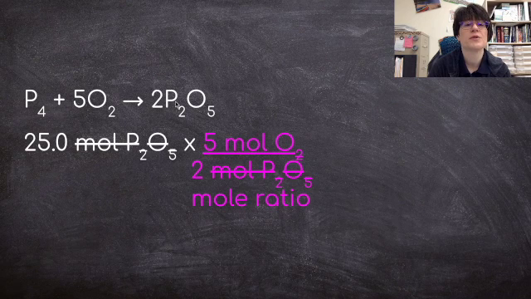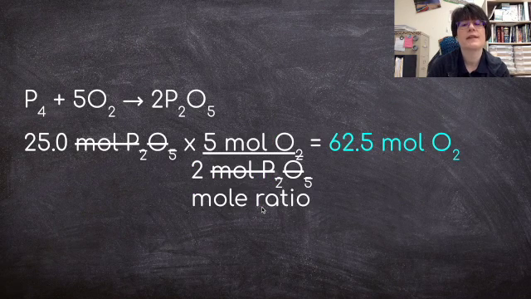So we use this mole ratio. We put phosphorus oxide on the bottom and oxygen on the top, so that the phosphorus oxide cancels out. And we find that 62.5 moles of oxygen are required to produce 25 moles of phosphorus oxide.